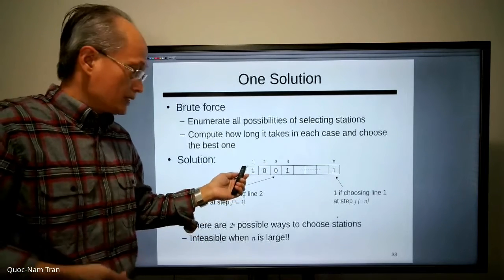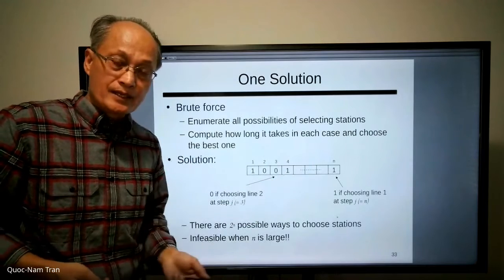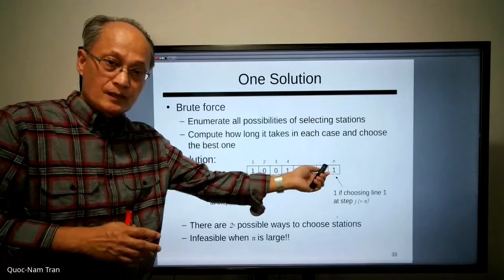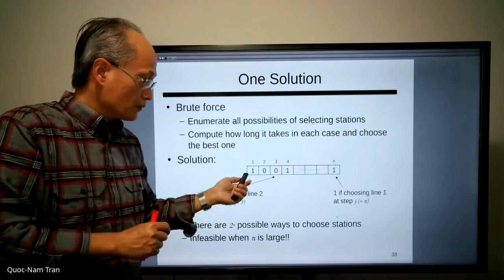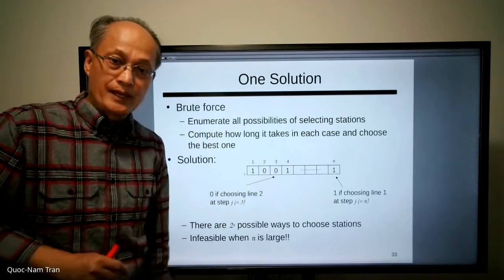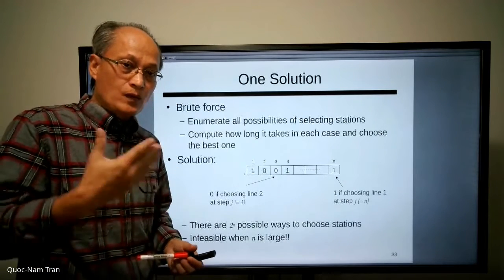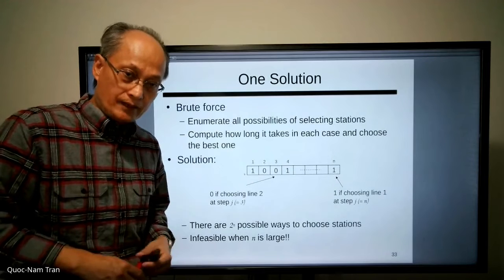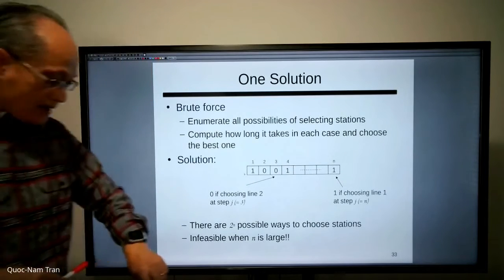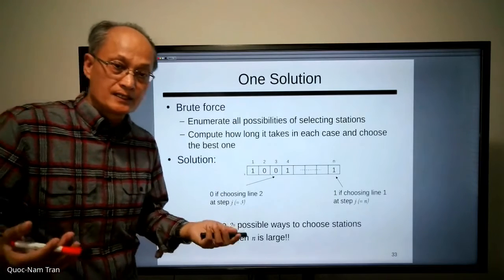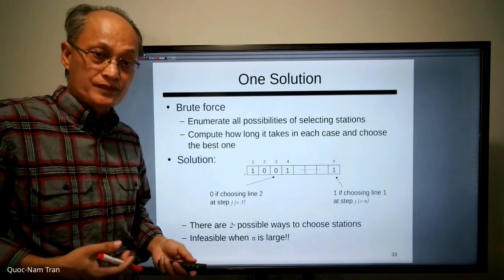We allocate an array of n elements, and then for every element here, we just switch the value from 0 to 1, 0 to 1, and calculate the cost and find out what would be the smallest value, right? Now, that idea is obviously the brute force, right?